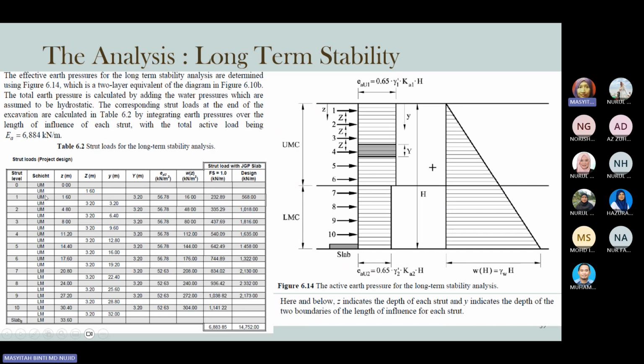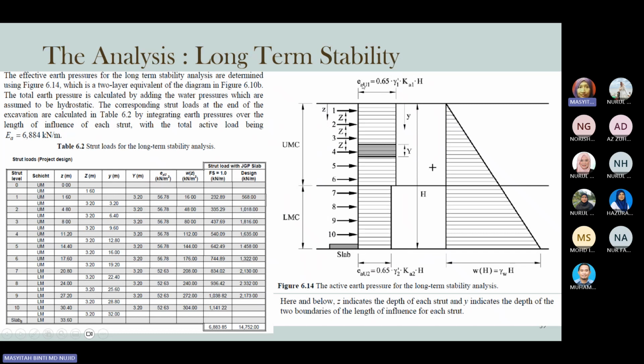Okay, this is also a table of long-term stability strut loads with the factor of safety 1.0. And then EAU is the lateral pressure for this problem. So you can see that for these kinds of deep excavations, the pressure of the soil is not likely a triangle shape. It will differ according to the soil pressure and the strut force acting on the soil wall, and the calculations of the lateral pressure can be found from these equations.